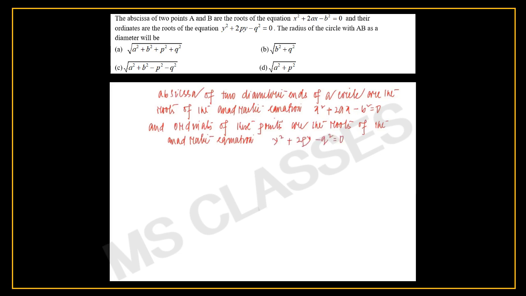We have to find the radius of the circle whose diametric ends we have taken.